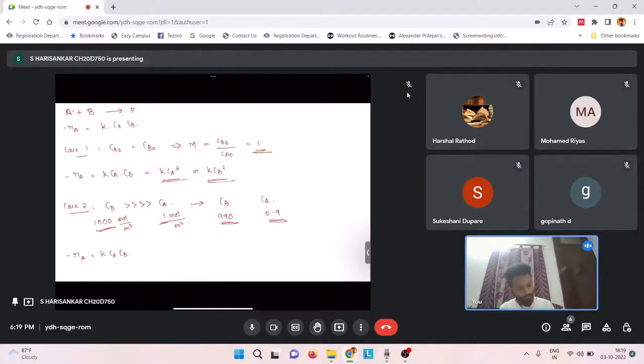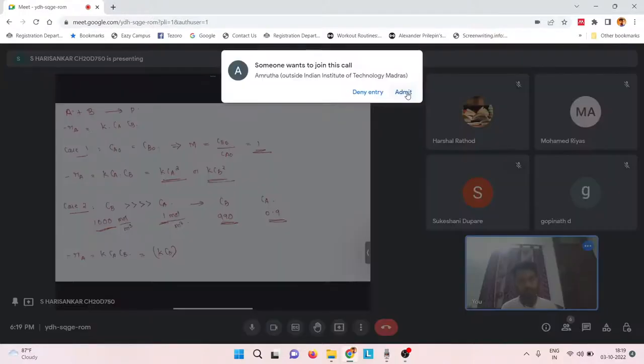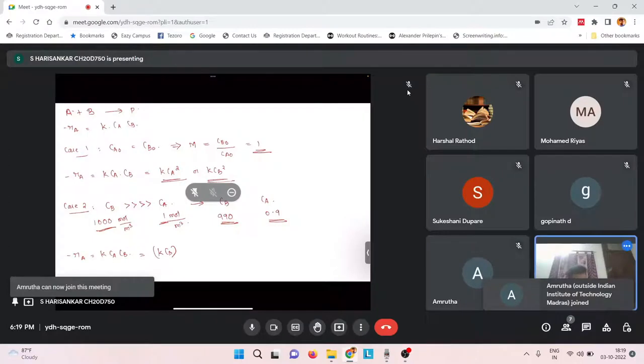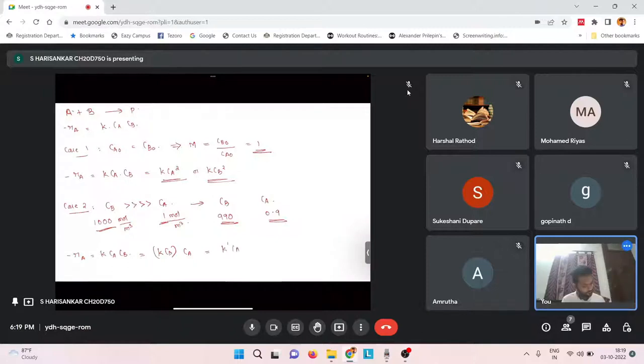So here, how we can approximate this rate equation, Ra is equal to K CA into CB, is you can take this CB as a constant and we can approximate this as K dash CA.